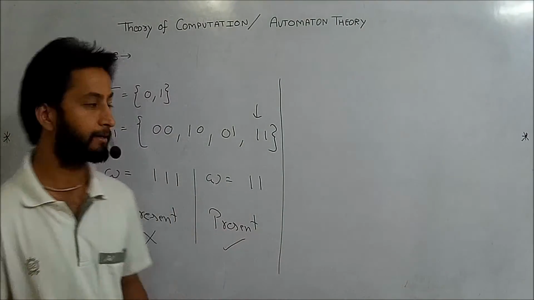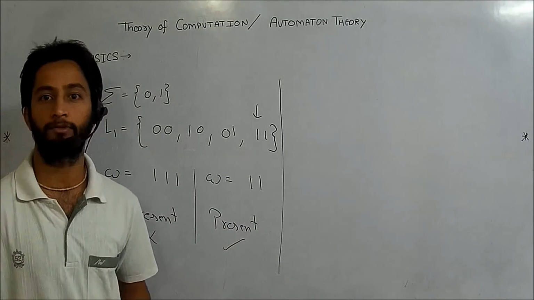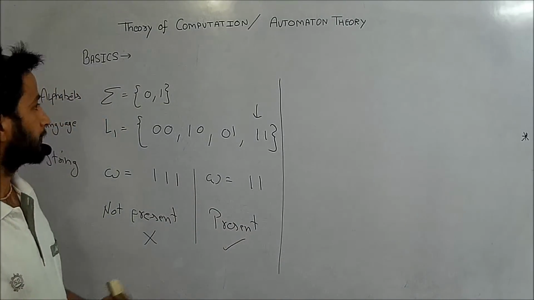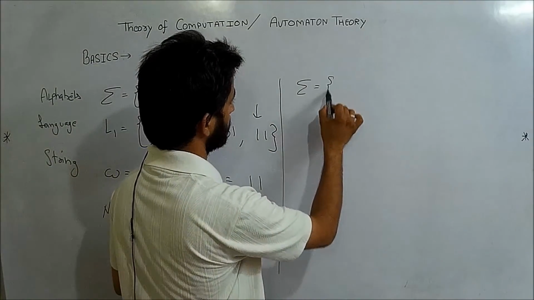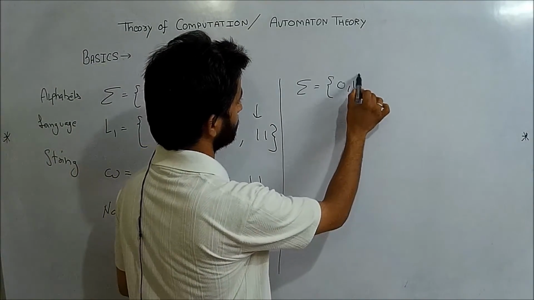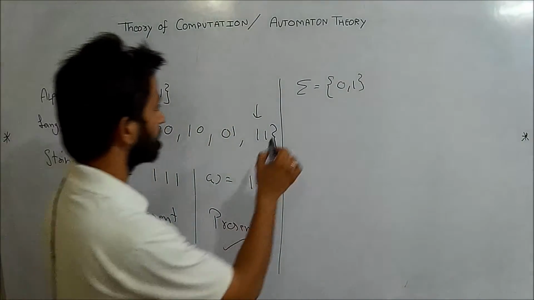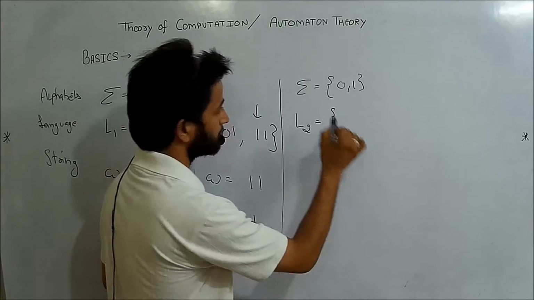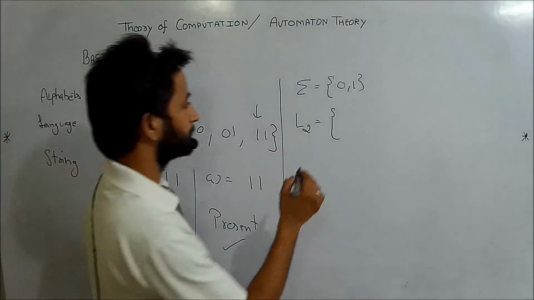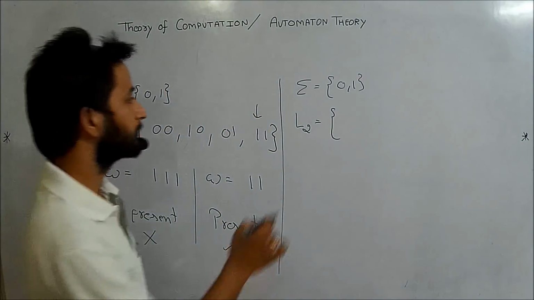If the language is finite, then it is easy to identify whether the string is present in the language or not. But if I have a case like this, the alphabet is 0 and 1, and the language L2 says the set of all strings that start with 0.